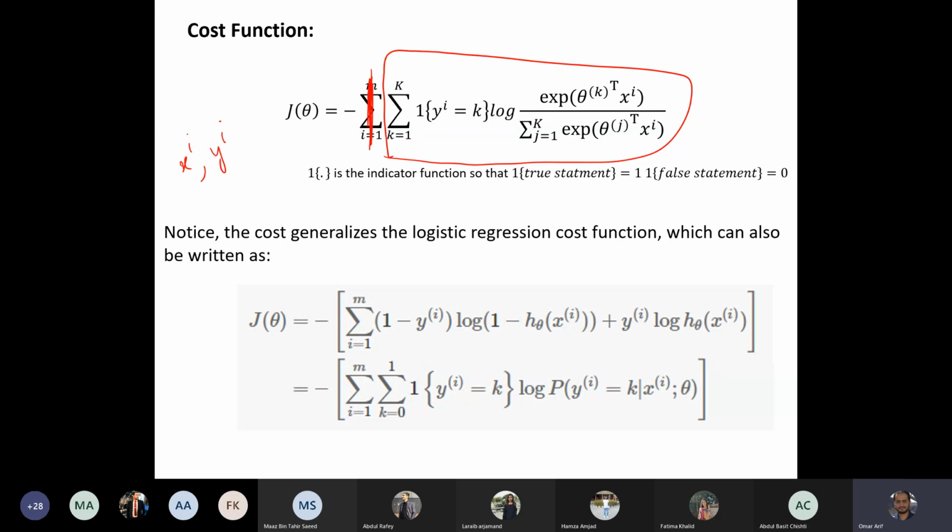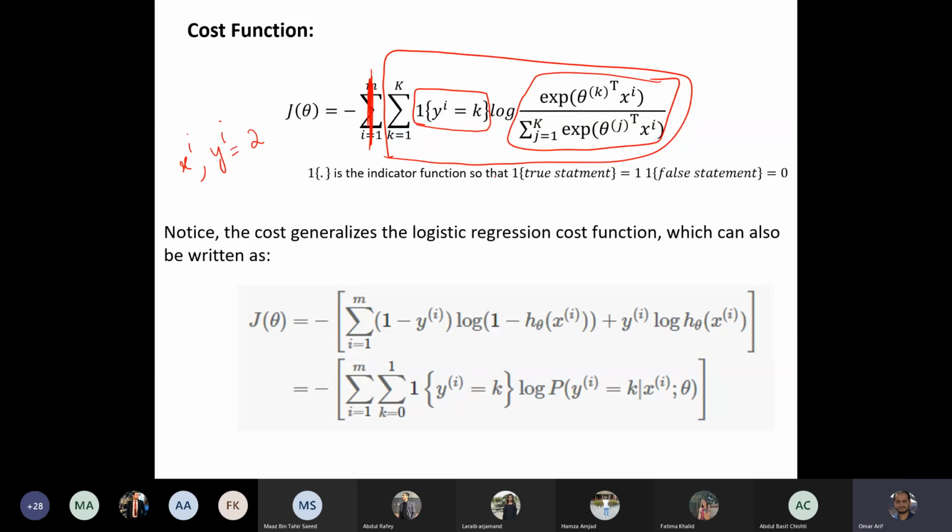So we know that this part here is the probability that it belongs to a particular class. And if, let's say, we know that the ground truth label is 2, then this portion of the equation will be 1 only when k is 2, right?